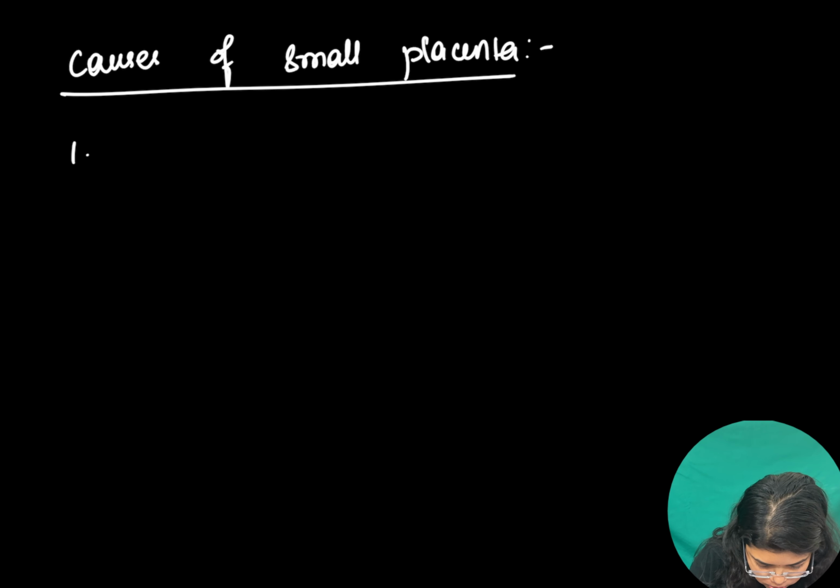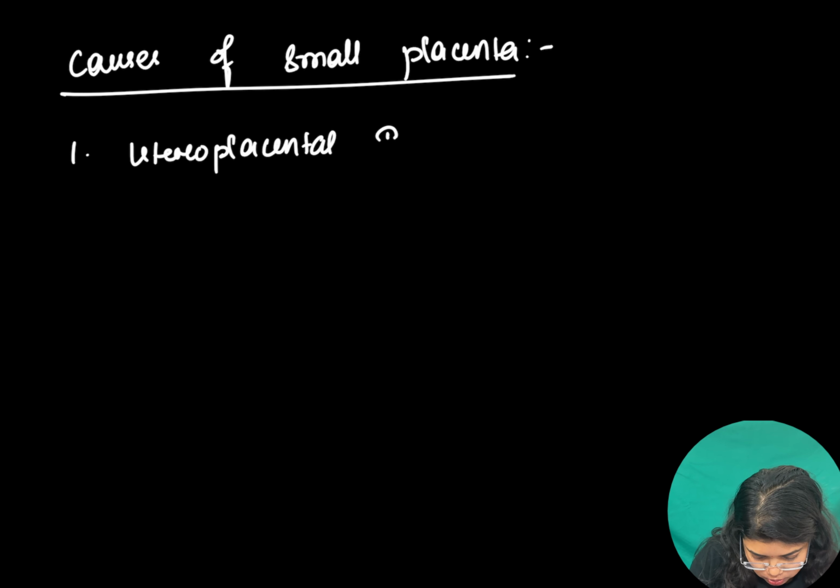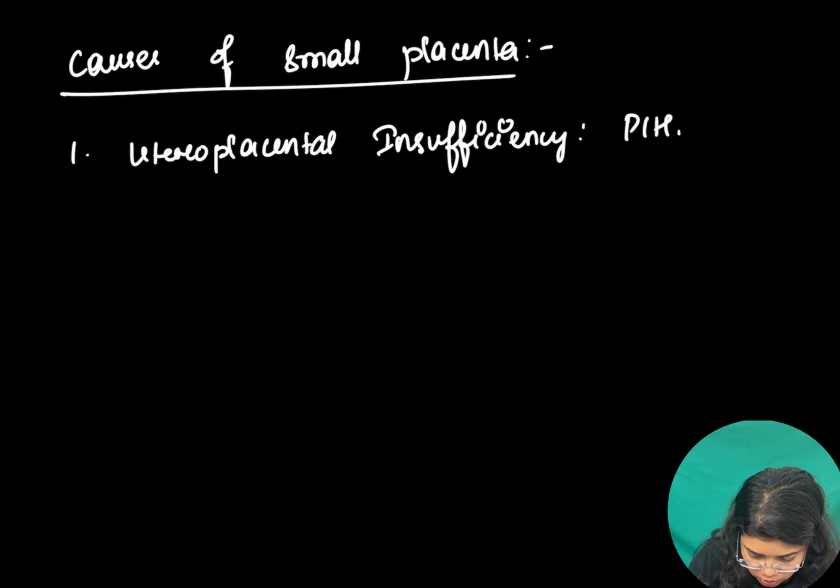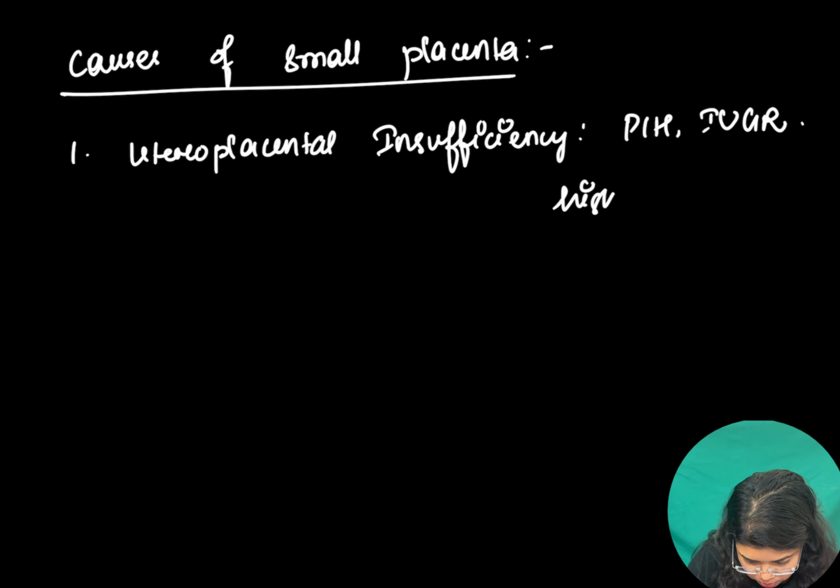First it is uteroplacental insufficiency, like in PIH and IUGR, high blood pressure.